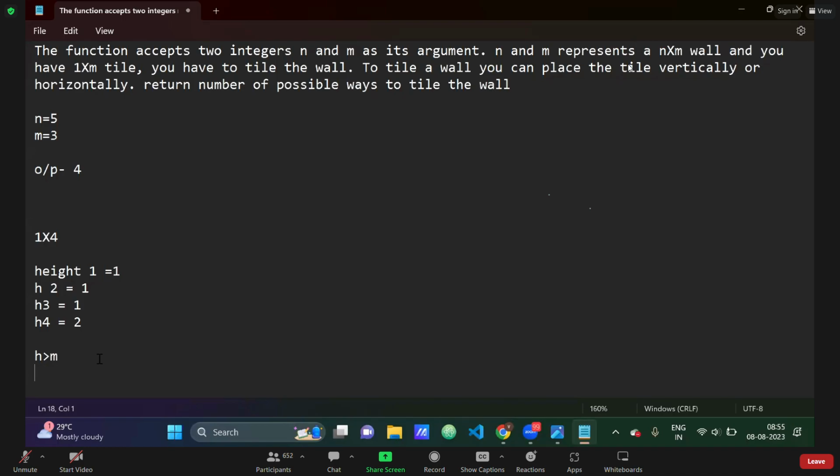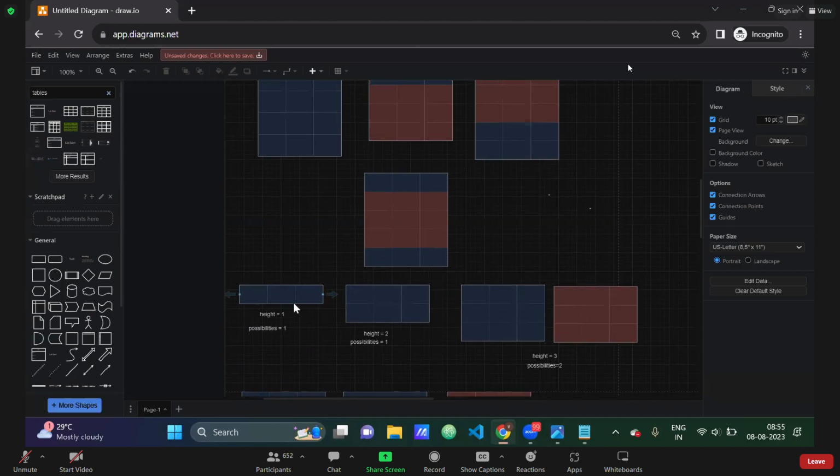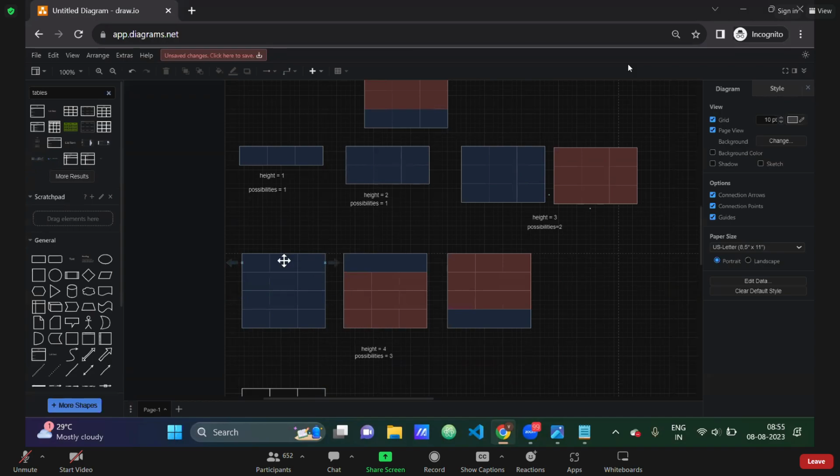For example, if I consider an array of I minus 1, I is nothing but the height. For example, I have 1 cross 3 tile, and I need to find out the possibilities for 4 cross 4.